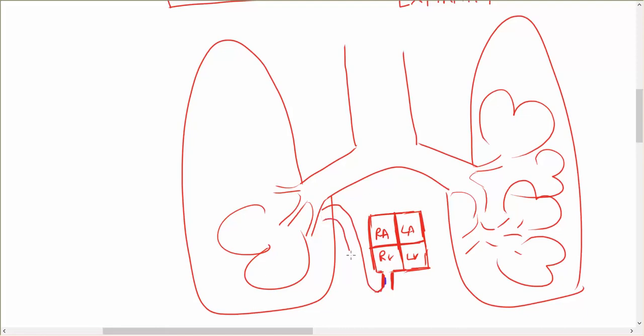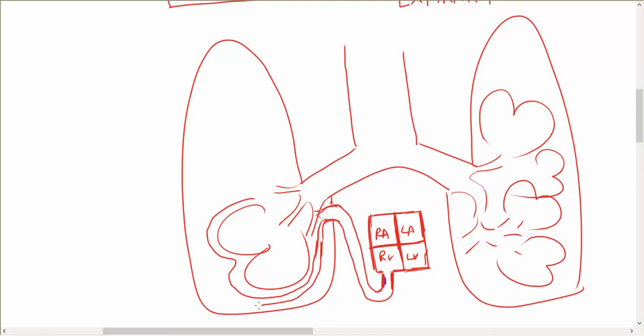They enter the lung, and they give branches and become small arterioles. Then they completely surround the alveoli.